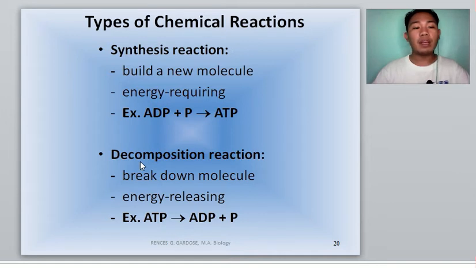Another, we have the decomposition reaction, which is usually the breakdown of a molecule and usually an energy-releasing reaction. Like, for example, when you break ATP, you will produce adenosine diphosphate and phosphorus.